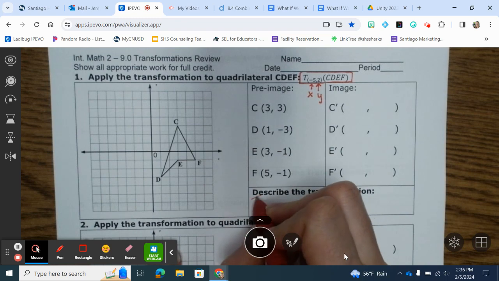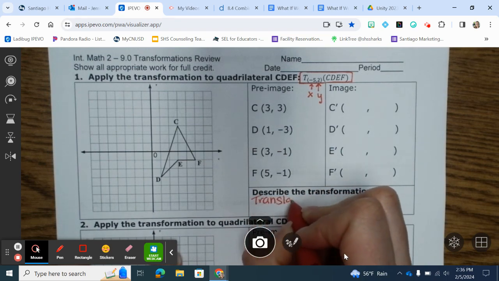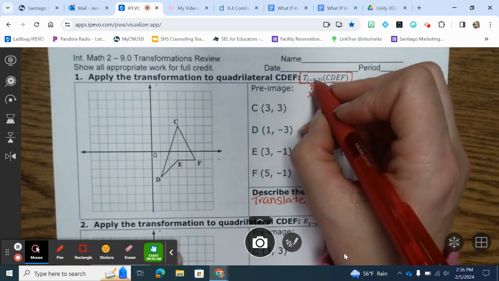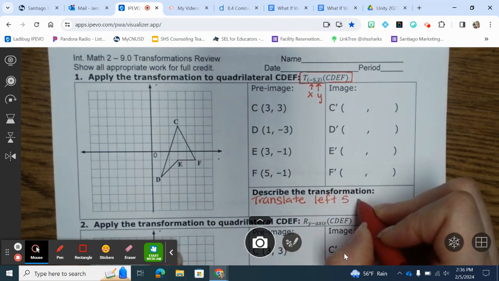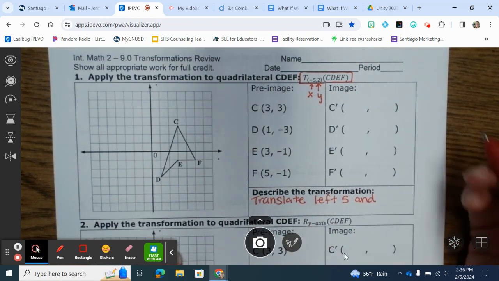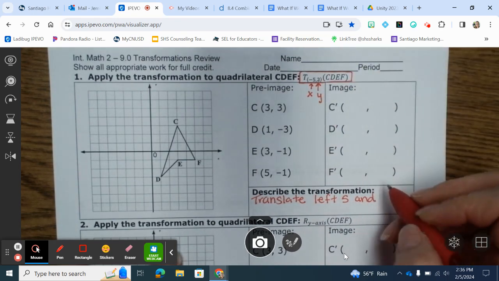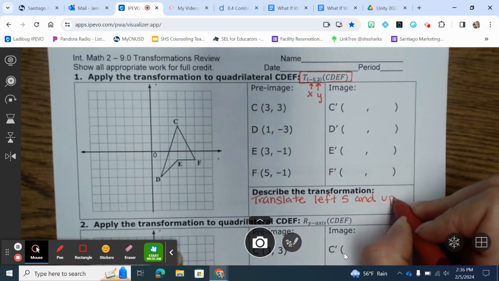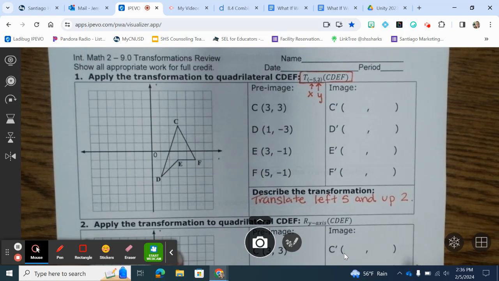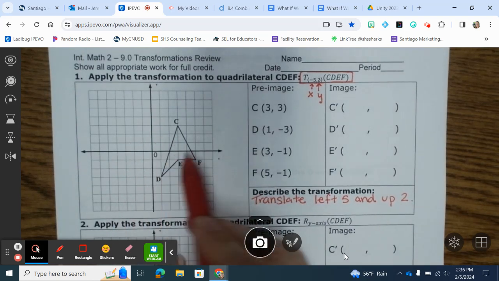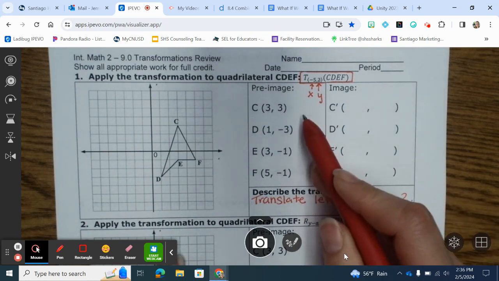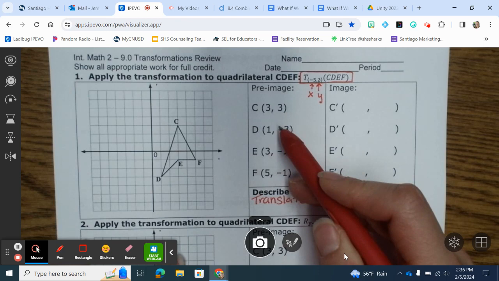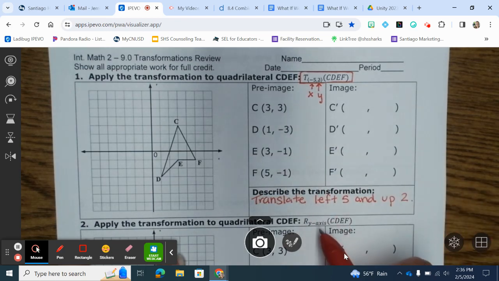So this is going to translate. The minus 5 for X is going to be left 5. And then the 2 in the Y direction is going to be up 2. Now you can choose to move the coordinate on your picture and then write down the X, Y value over here, or you could change the coordinate and then graph it.